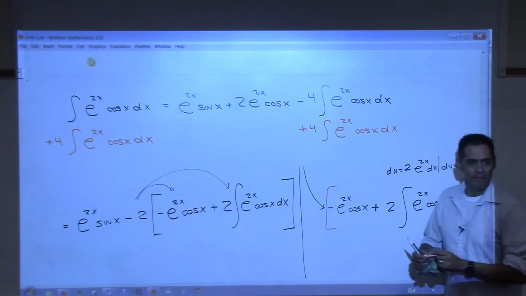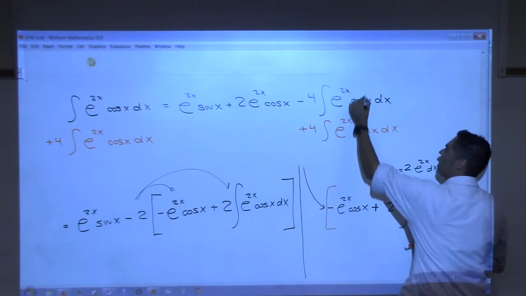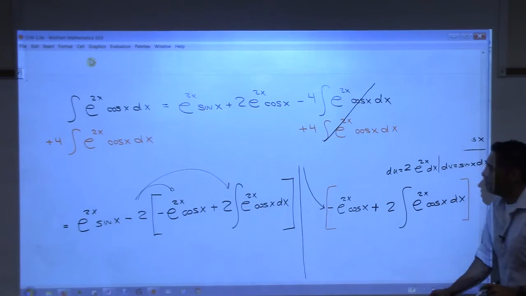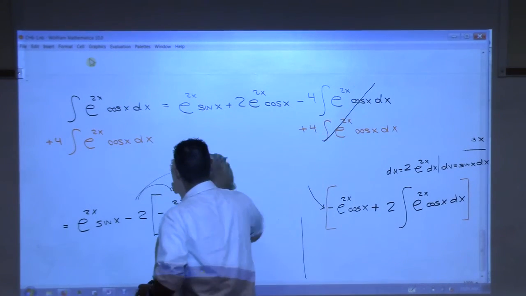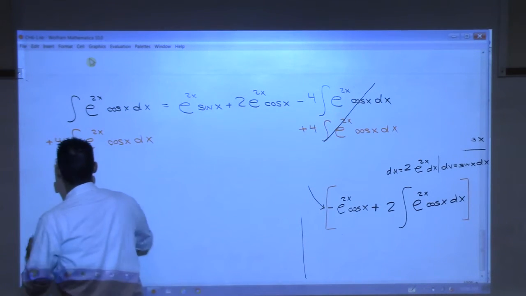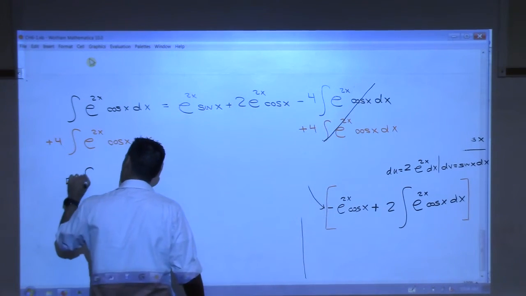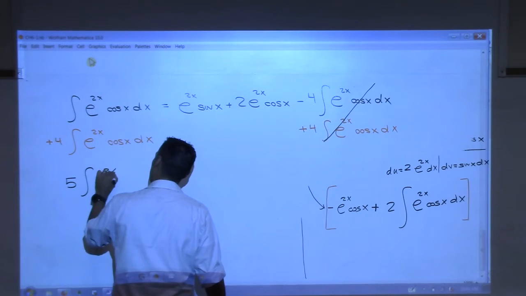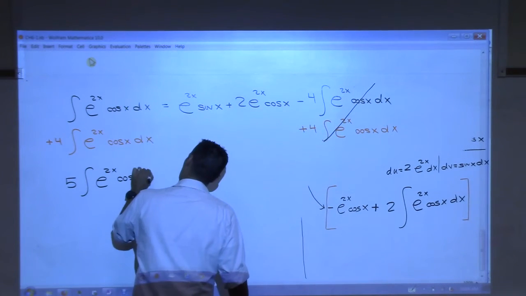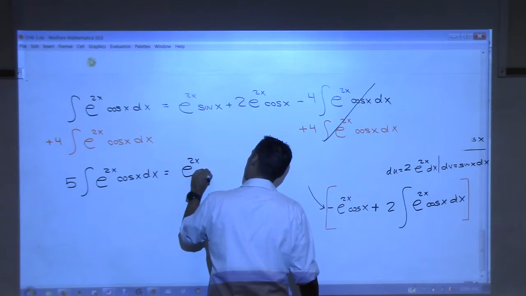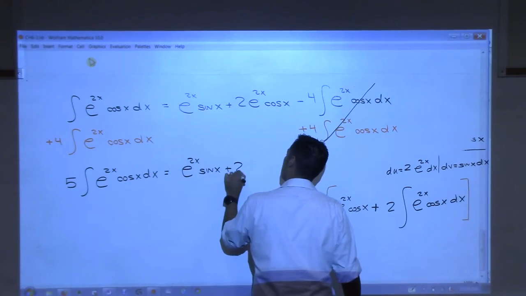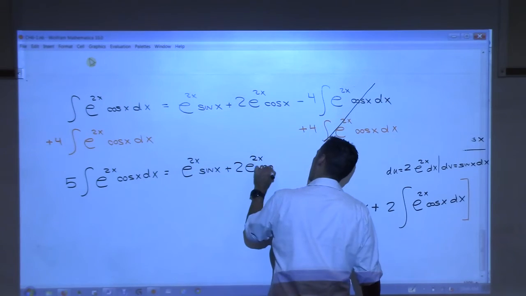Do y'all see that? And so what happens is on the right-hand side, it's gone, and on the left-hand side, what do you have? 5 of them now, right? 5 of these integrals that we're trying to find is equal to e to the 2x sine x plus 2e to the 2x cosine x.